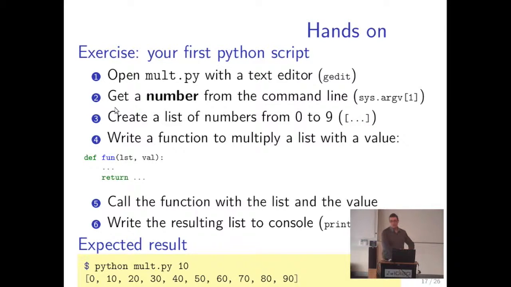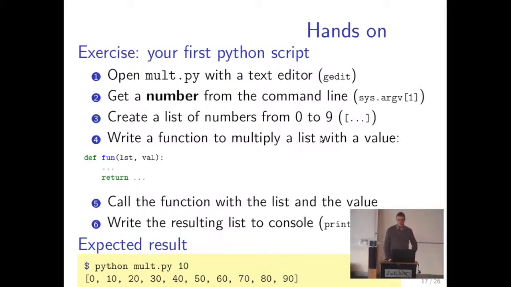All right, so now it's time for you to see what you have learned so far. We will just try to write a small script that will receive a number from the command line, and that will multiply this number from the command line with a list containing the values from 0 to 9, and write that to console.